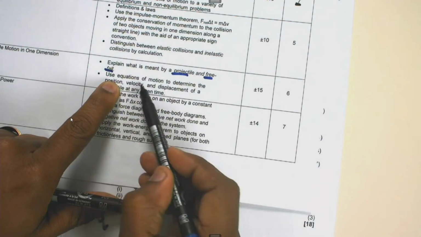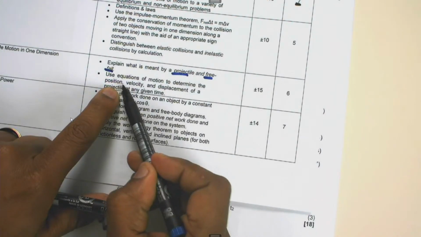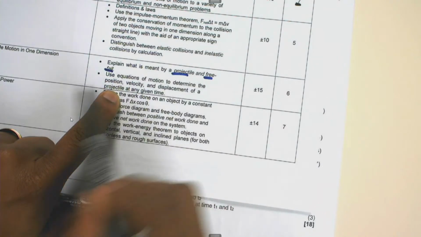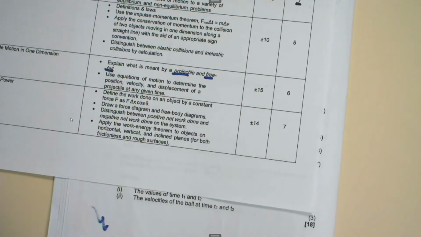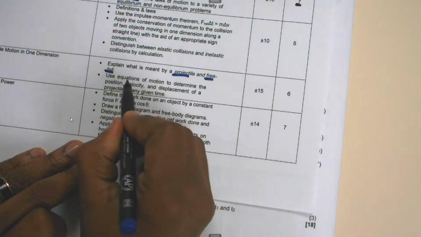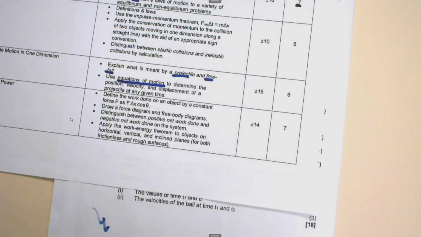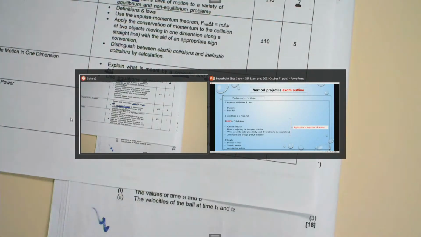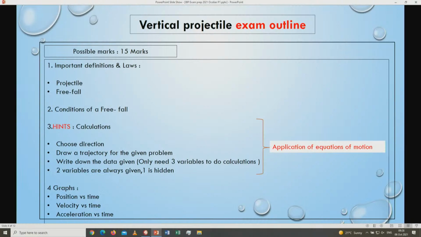Then use equations of motion to determine the position, velocity, and displacement of a projectile at a given time. At a given time. So what must I do? Use equations of motion. But how best can I use equations of motion? It's quite easy.